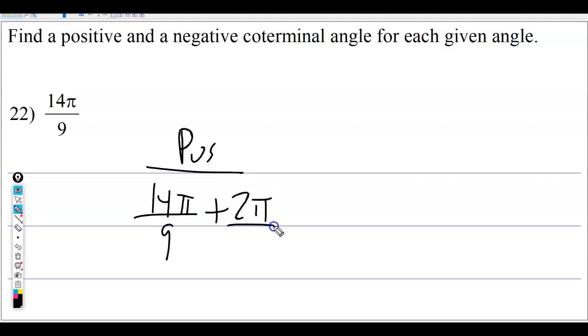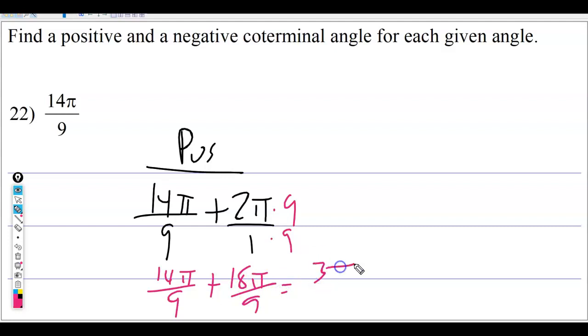Now to do this, we're going to need to change that into a fraction and get a common denominator, which would be 9. So I'm going to multiply the top and the bottom here by 9. That's going to give me 14 pi over 9 plus 18 pi over 9, which is 2 carry 1, 32 pi over 9.